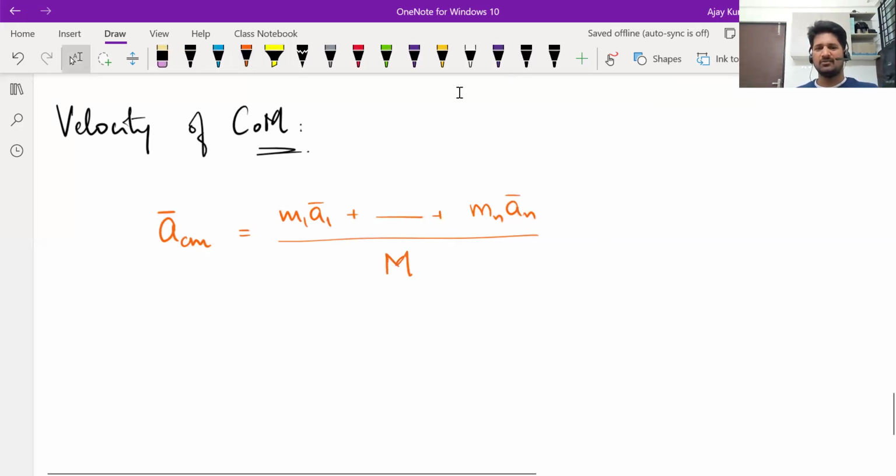From acceleration, how to find out velocity after a certain time? V2 minus V1 is equal to?